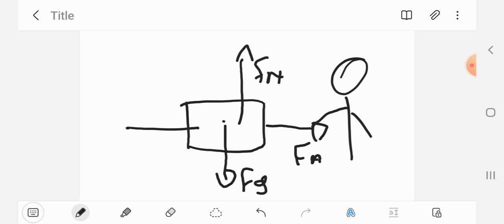And on this side we can have our frictional force. The frictional force is trying to prevent this box from being pushed to the right. It's trying to stop it. Okay, so this is how you will have your diagram.